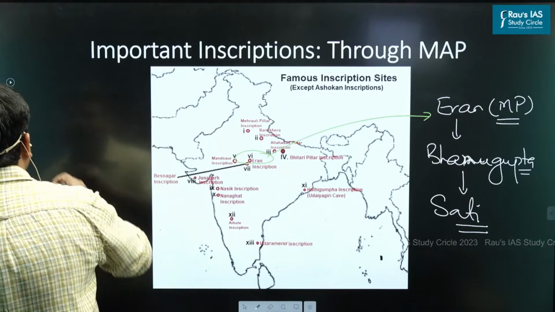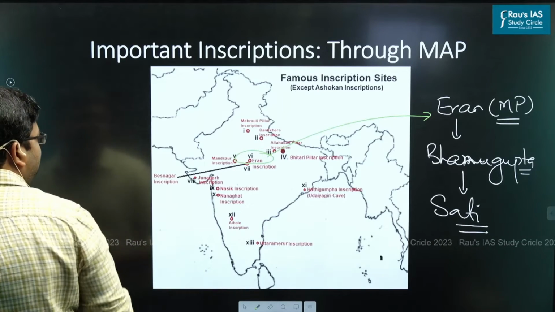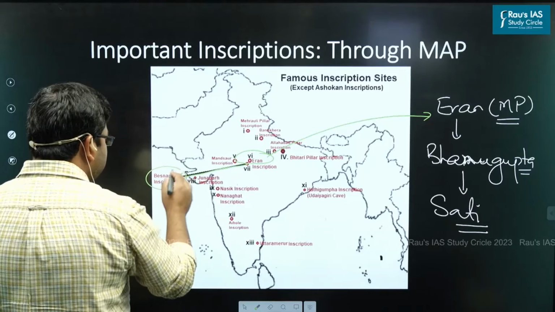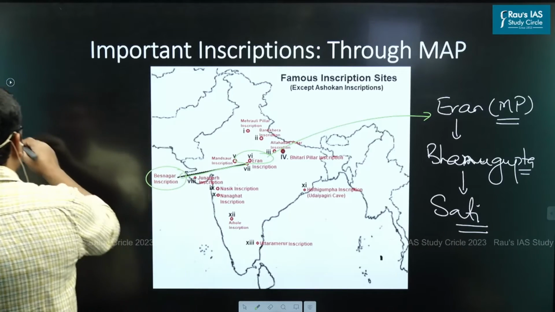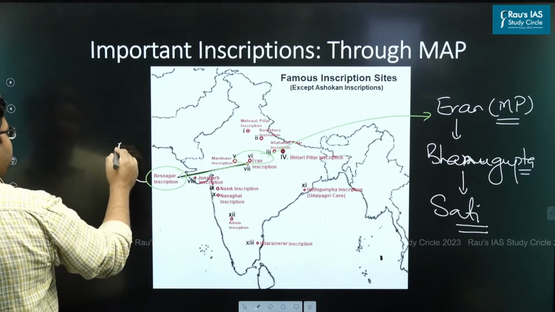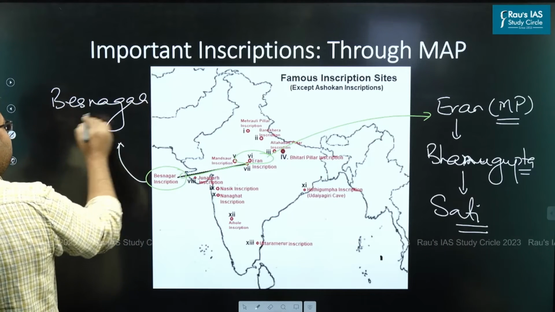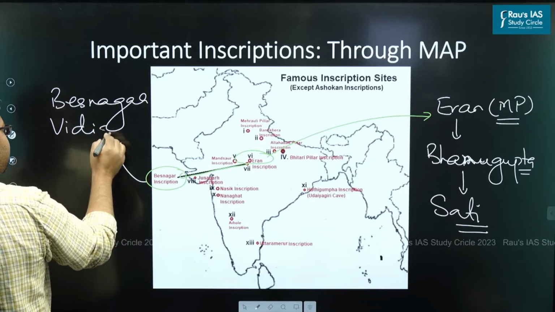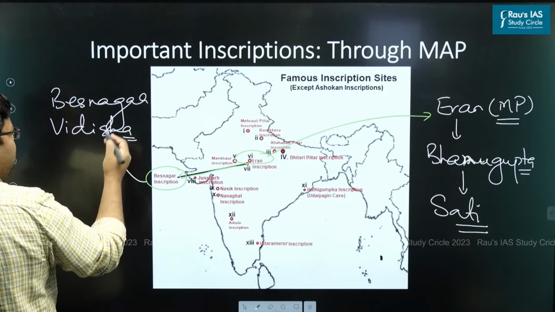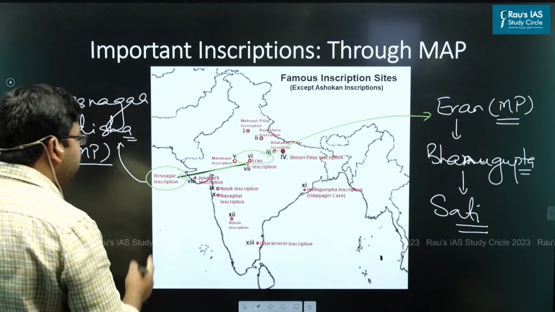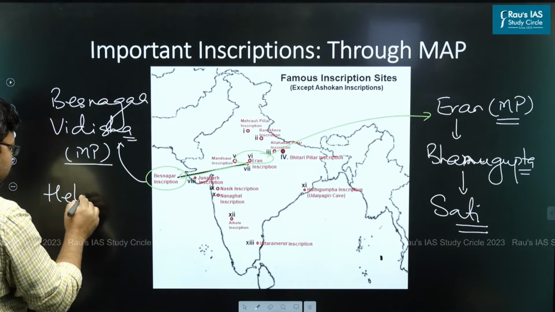Another important piece of information that we can have here is the famous Besnagar inscription. Besnagar was earlier called Vidisa. So Vidisa, Besnagar or Bhilsa is a place in MP, and it is known for the inscription by Heliodorus.